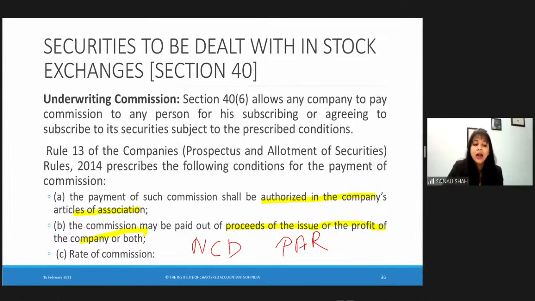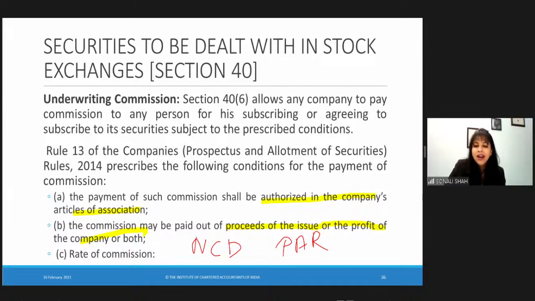That means underwriting commission will be offered only on shares that are offered for sale to the public. You can write it down. N stands for not paid for shares not offered for sale to the public. So only those shares which are offered for sale to the public, for those shares, underwriting commission will be paid.